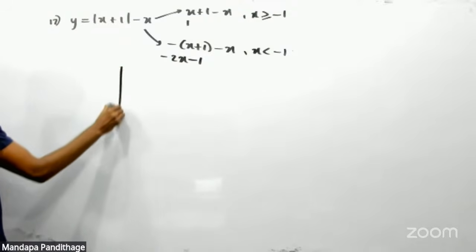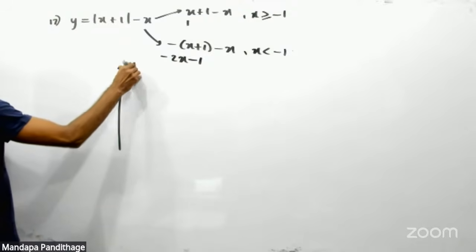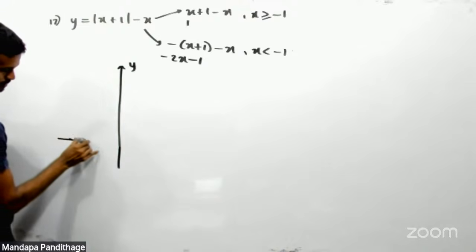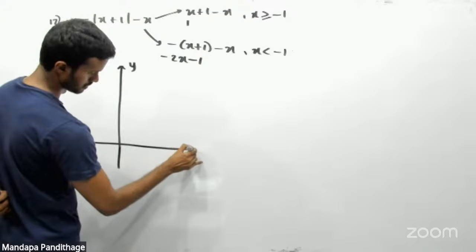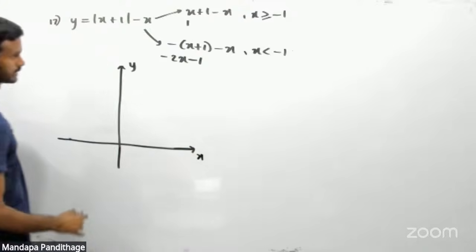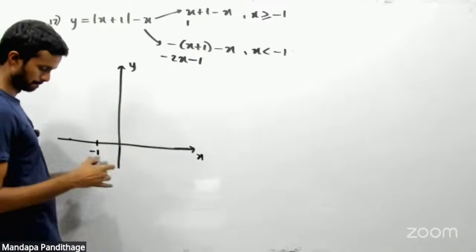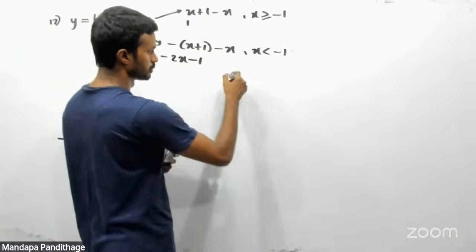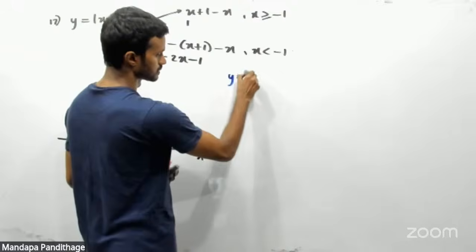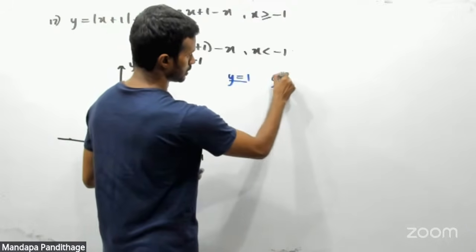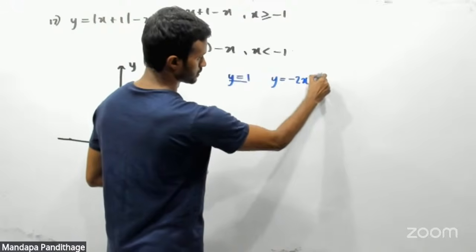If you draw this, the turning point is x equals minus 1. What are the two straight lines that you're supposed to draw? y equals 1 and y equals minus 2x minus 1.